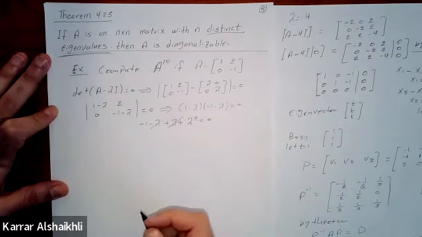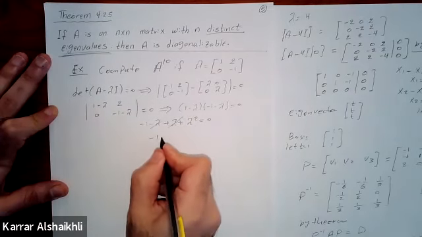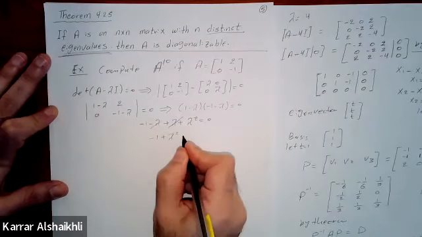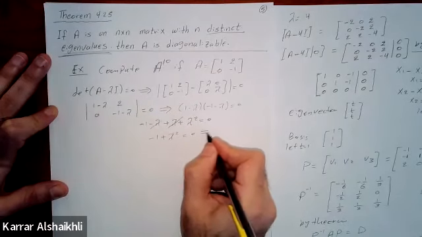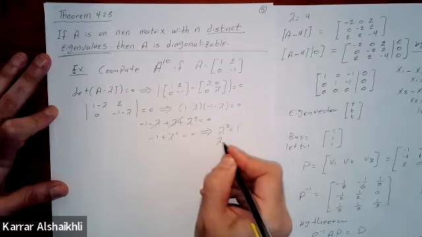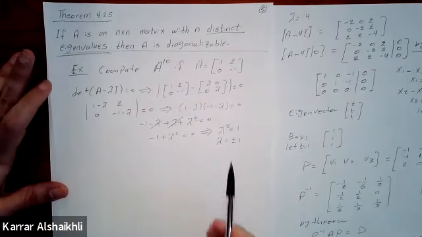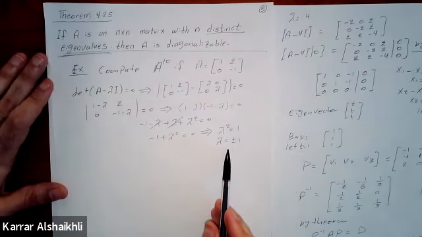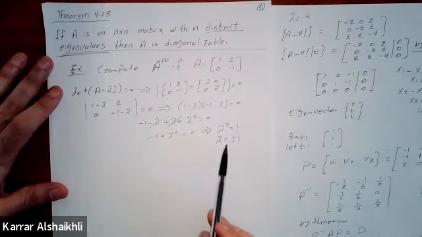Cancel these. So -1 plus lambda squared is going to be 0. That means lambda squared is going to be 1. Lambda is going to be plus or minus 1. Two different lambdas, that means okay, this matrix is diagonalizable.